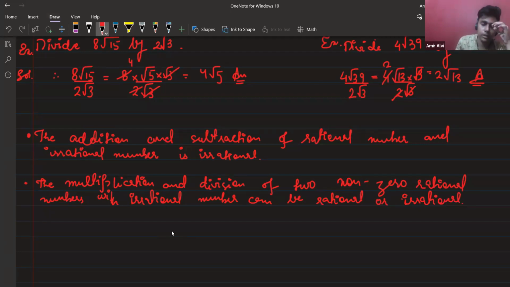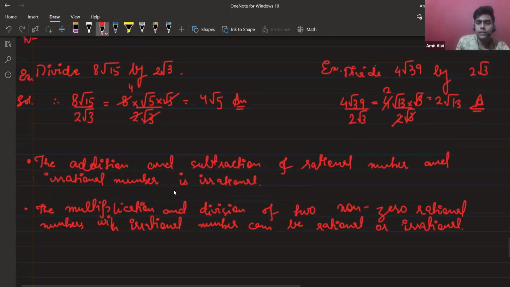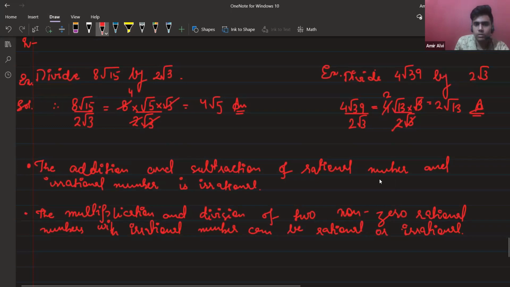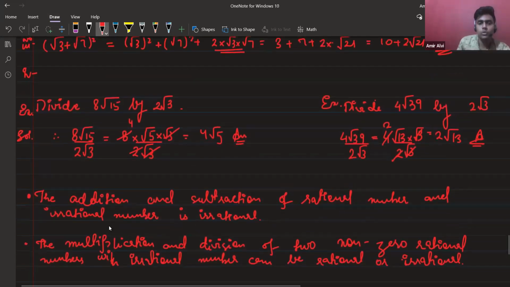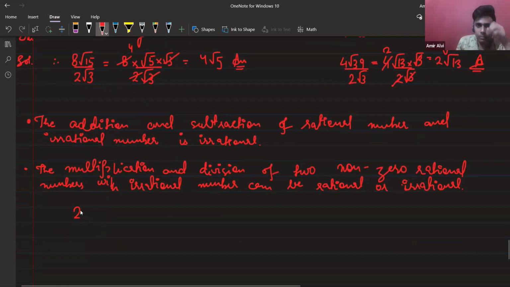So, Simrat, let's understand these two terms. Basically, what they are saying. If you add or subtract a rational number and an irrational number, suppose two is a rational number, yes or no? Root three is an irrational number, yes or no? Like I told you, the addition and subtraction of rational number with irrational number is irrational.